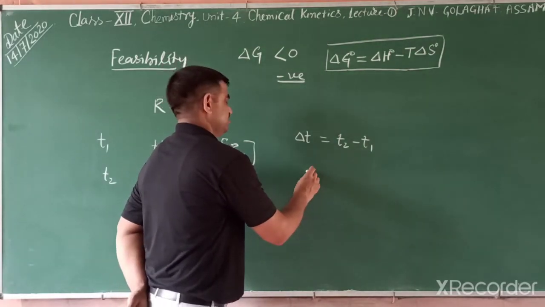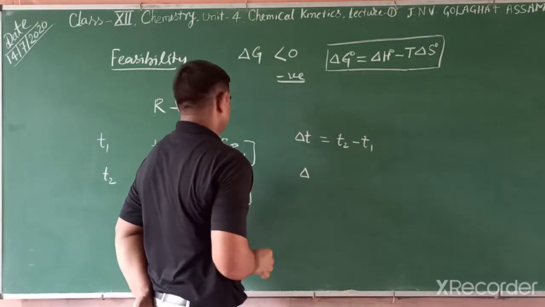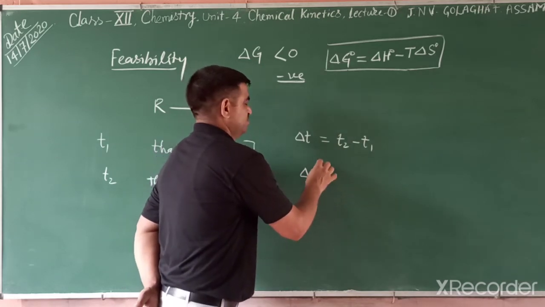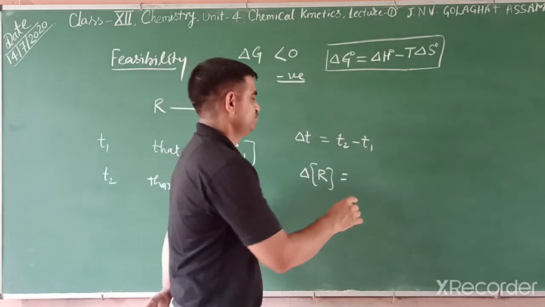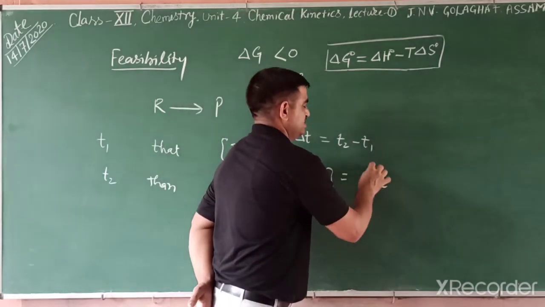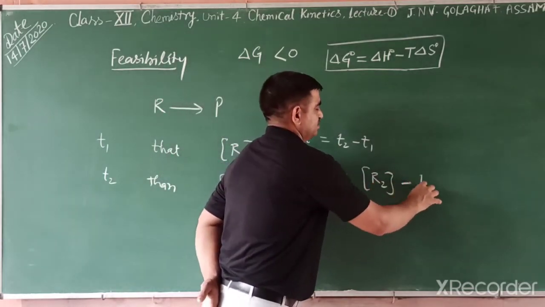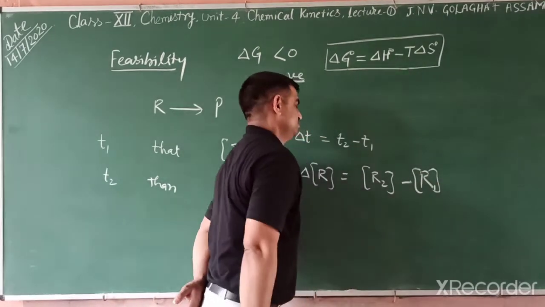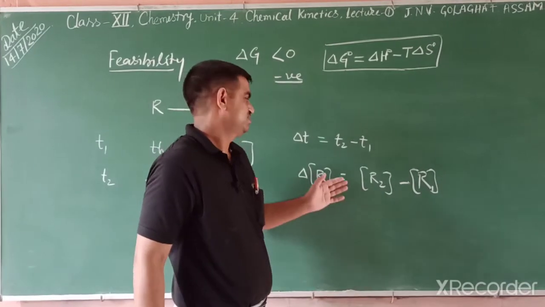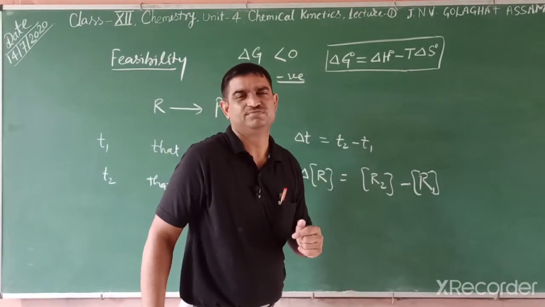We can write delta R. Delta R means the change in concentration of reactant is equal to the concentration at T2 minus the concentration at T1. That is this one.